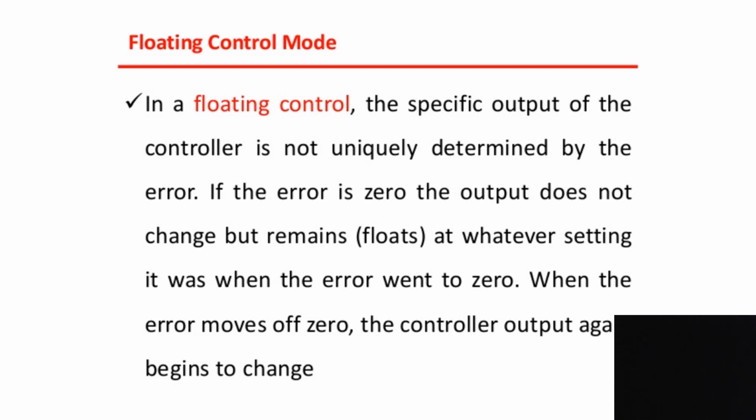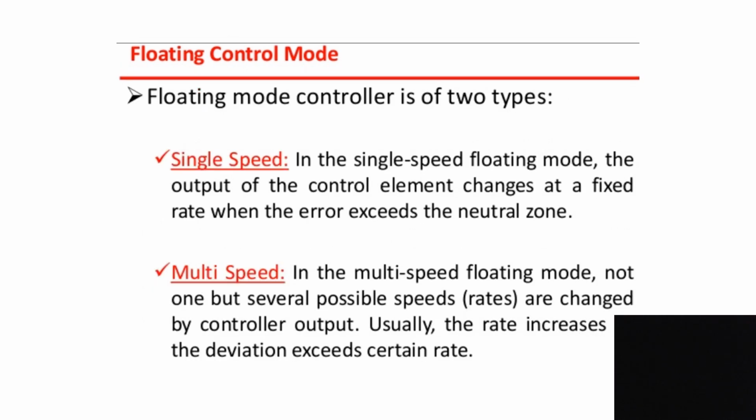That is called floating control. These are the different types of discontinuous modes of control. You have single-speed floating control or multi-speed floating control. In single-speed, the output of the control element changes at a fixed rate, whereas in multi-speed there are several possible rates at which the controller output is changed. That is called multi-speed control mode.